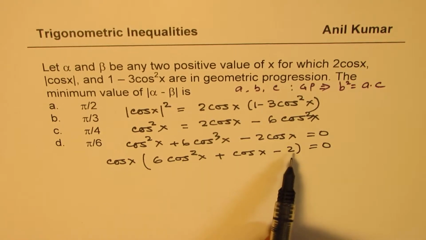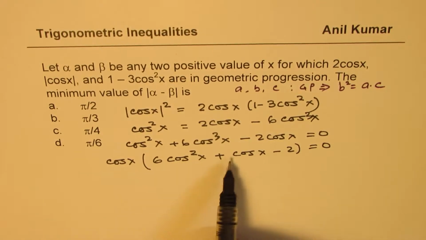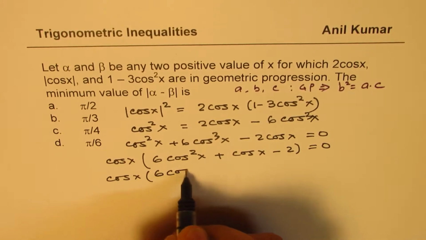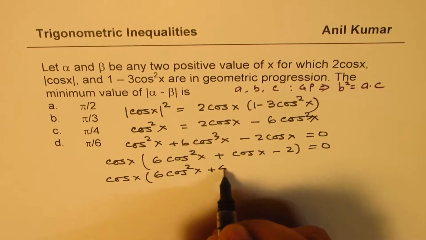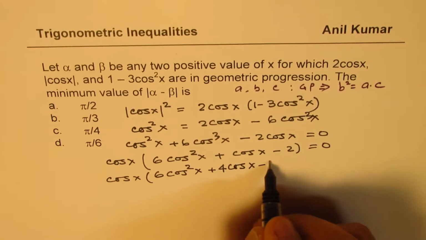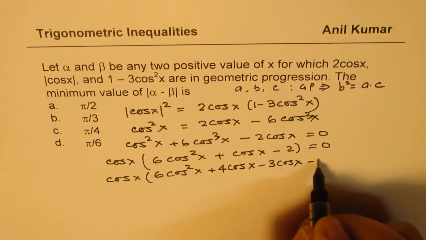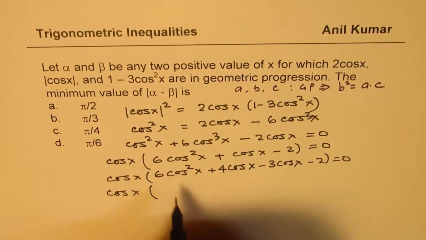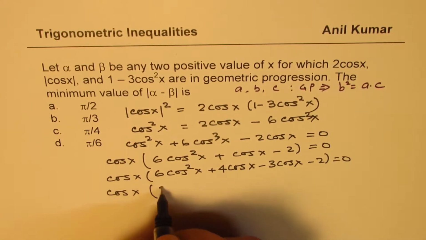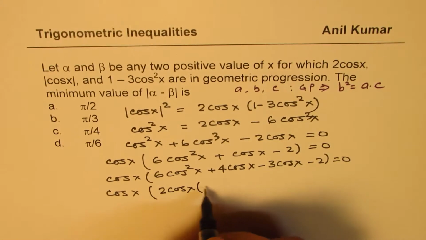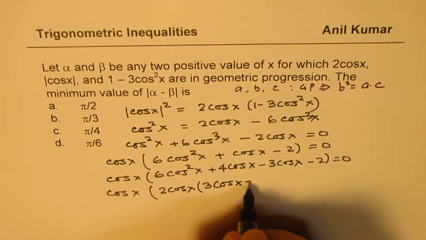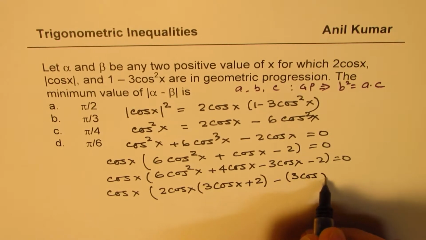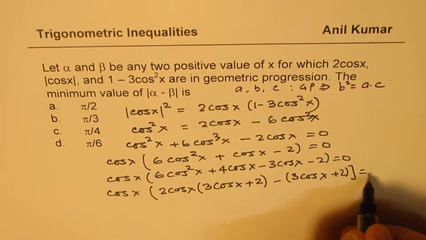Now this can be further factored. Product of 12, sum of 1, 4 and 3 will work, right? So we get 6 cos square x plus 4 cos x minus 3 cos x minus 2 equals to 0, which we can write as, we can take 2 cos x common, 2 cos x, we get 3 cos x plus 2, minus common 3 cos x plus 2 equals to 0.